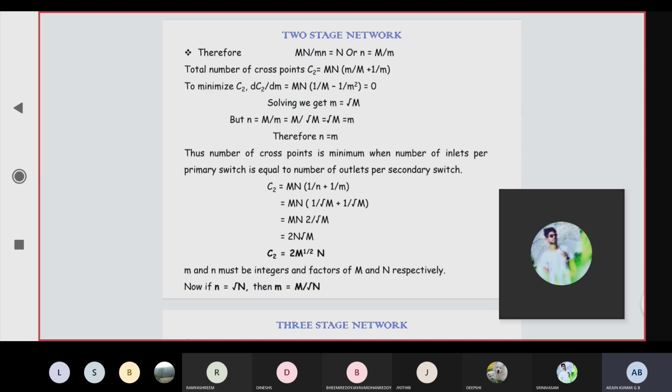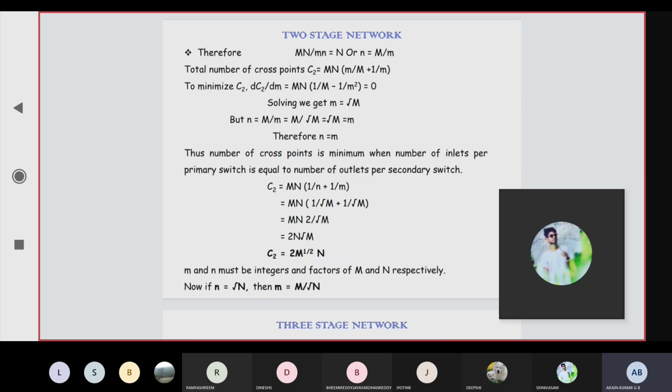The numerator m will be written as square root of m times square root of m. One square root in the numerator and the square root in the denominator will get cancelled. Then we'll get 2n by square root of m. We can simplify the above equation. We'll get C is equal to 2n times m to the power 1 by 2.